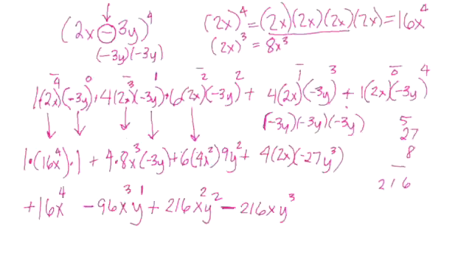So if you're noticing here, the variables do not really pose the problem. The variables are always, your first term, it's always going to be x to the 4, x to the 3, x to the 2, x to the 1, x to the 0. And then the y is going to be y to the 0, y to the 1, y to the 2, y to the 3, y to the 4. So the variables are not really the issue here.